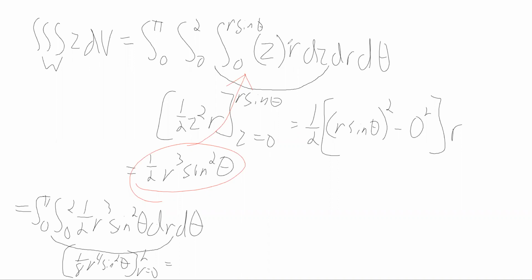When we do that, we just get 1/8 times 16, so 2. We get 2 sine squared theta. So plugging that in, theta goes from 0 to pi of 2 sine squared theta d theta.